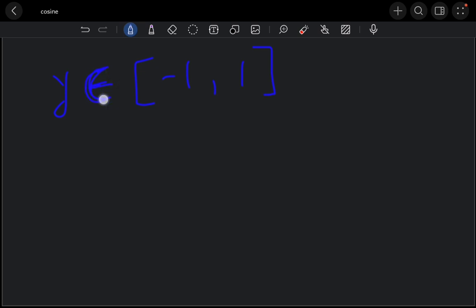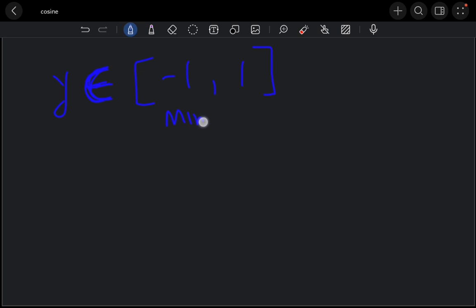This is a mathematical sign, which means y is an element of -1 to 1, where -1 is the minimum turning point and the 1 is the maximum turning point. This is minimum, this is max.